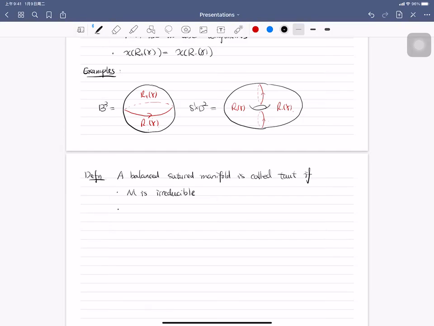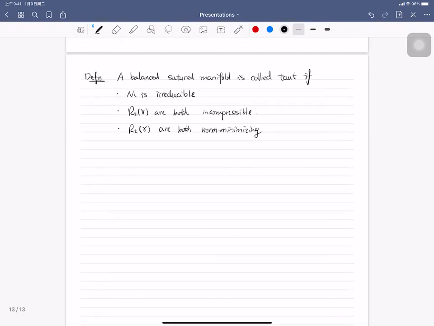The second is that R plus and R minus of gamma are both incompressible. And third, R plus and R minus of gamma are both norm minimizing. Let me explain what these three conditions are.